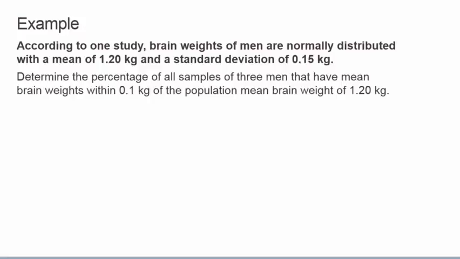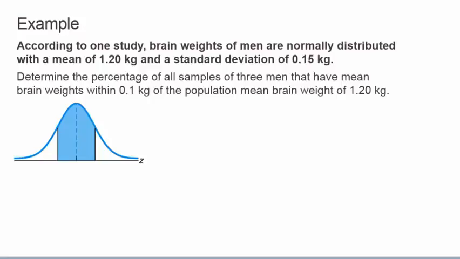Continuing with our example, determine the percentage of all samples of 3 men that have mean brain weights within 0.1 kilograms of the population mean brain weight of 1.20 kilograms. When we draw a sketch of the normal curve, the mean is in the middle and there are lines on each side to represent the interval.